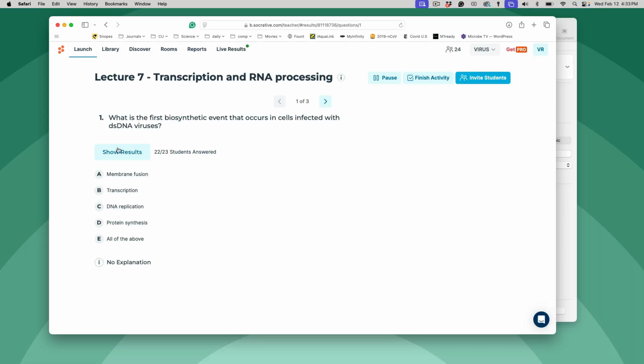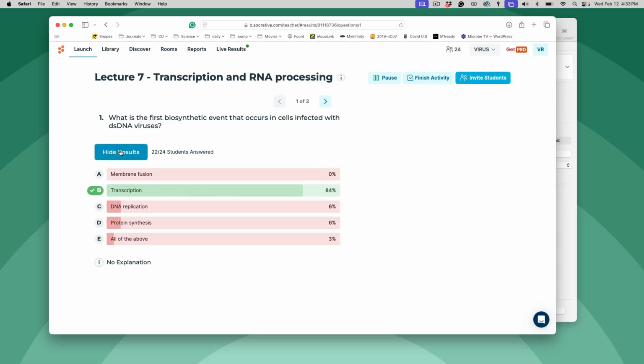Okay, how did we do? Yep, transcription, right? You need to make at least one, sometimes many proteins. So to do that, you need transcription. It's not DNA replication. To get DNA replication, you need to make proteins. So that means transcription and then protein synthesis. Not all of the above either.